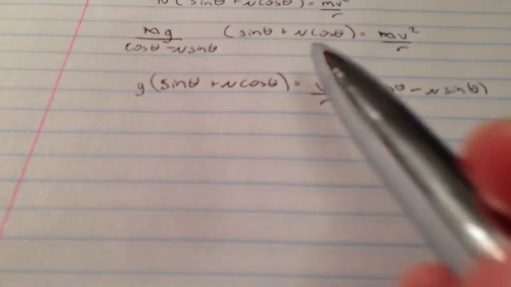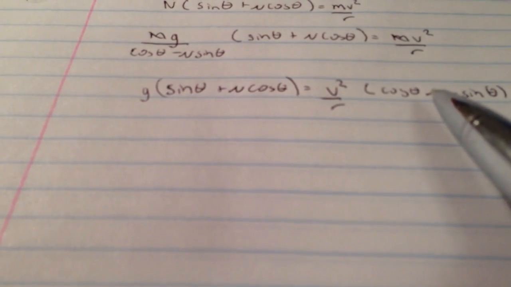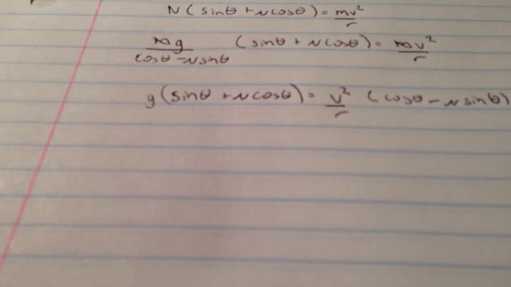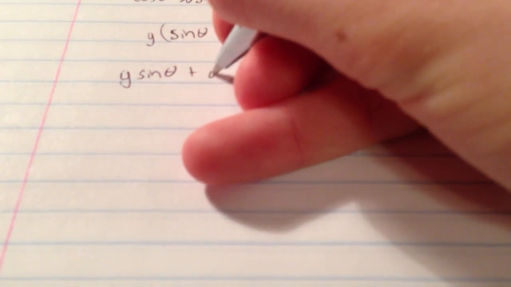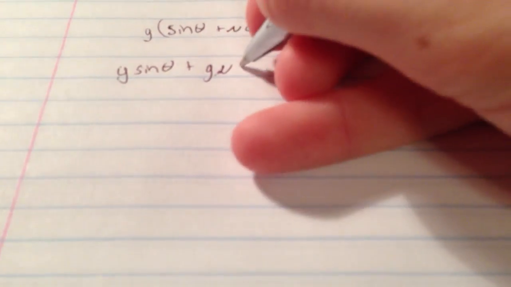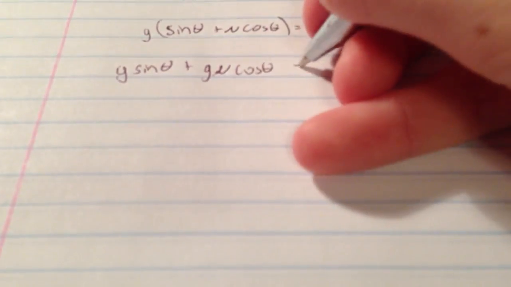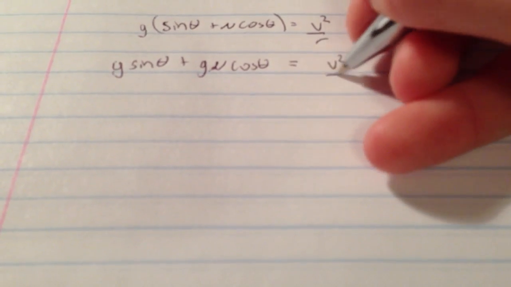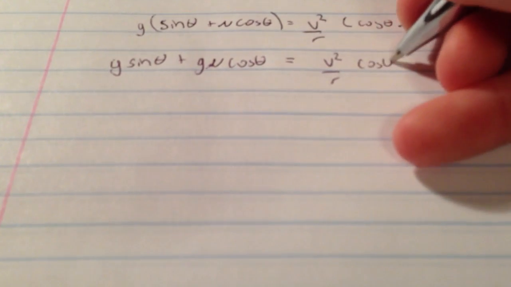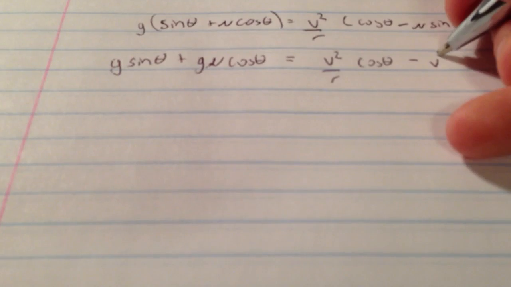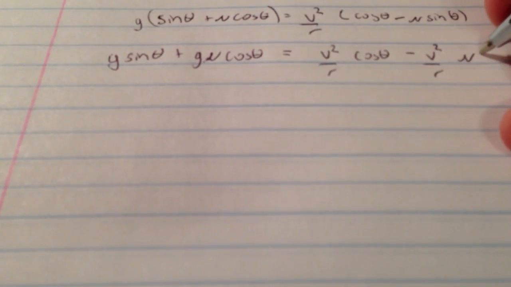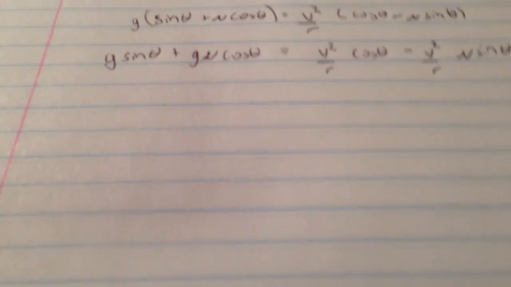Alright, now since we have mu on both sides of the equation here, we're going to want to distribute our two terms so that we can get both of our mu's on the same side. So now we have g sine theta plus g mu cosine theta equals v squared over r cosine theta minus v squared over r mu sine theta.